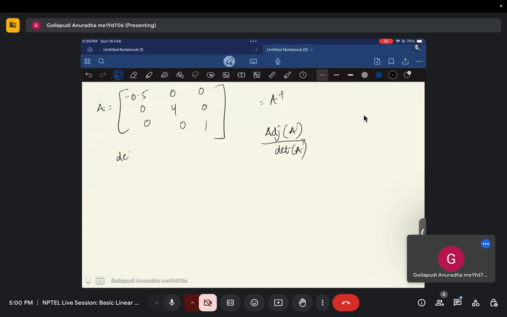You can simply say minus 2. Yeah, so the determinant is minus 2. For the adjoint of A, you will first find the minor, then the cofactor matrix, then the transpose of the cofactor matrix will give you the adjoint, right?